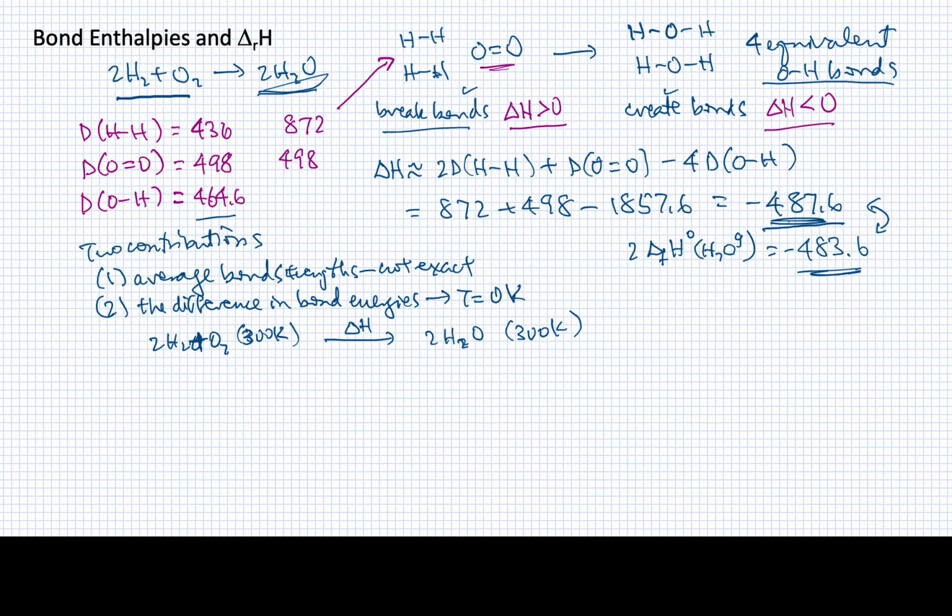But the method that I've used has basically gone down here to say, I'm going to take these molecules at a temperature of 0 K, I'm going to break them apart. So this is going to be just the bond energies, and then I'm going to create water at a temperature of 0 K, and I'm going to somehow say that that's the same as that. So this thing that I haven't written in here, this is just bond energies that take me from here to here.